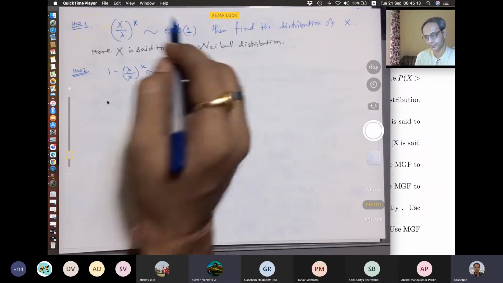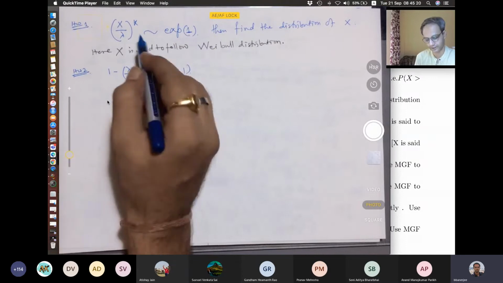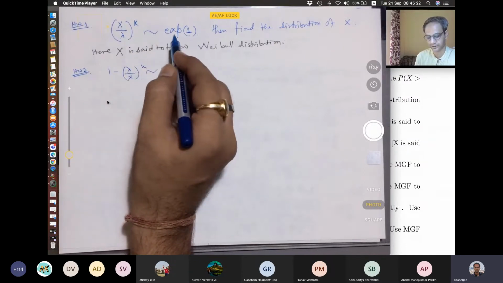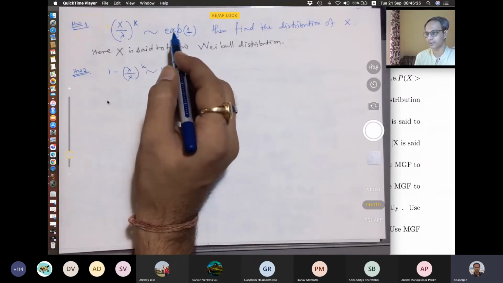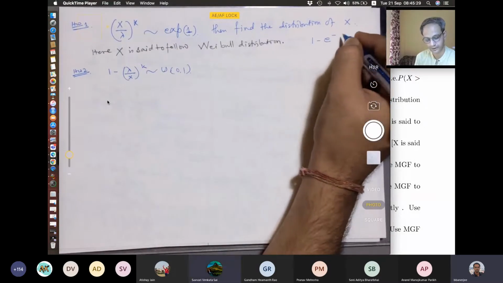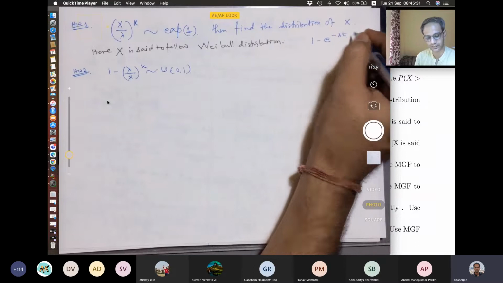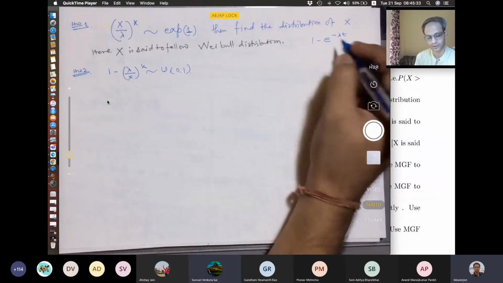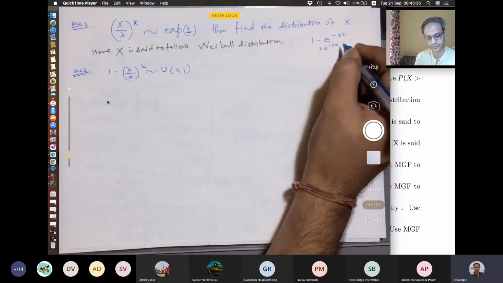Specifically this thing I told, that when we say that some random variable is following exp1, that means you need to consider the CDF 1 minus e to the power minus lambda t as the CDF, or lambda into e to the power minus lambda t as the PDF.